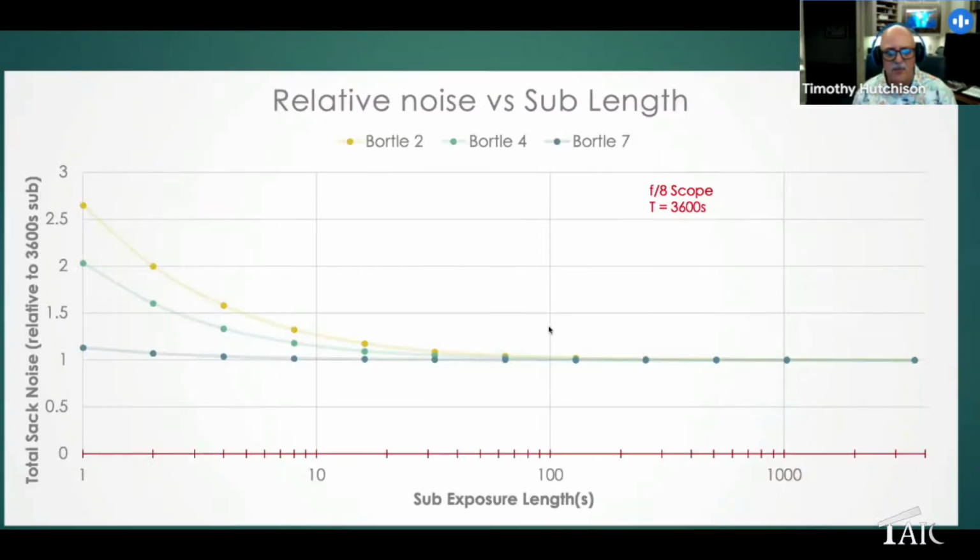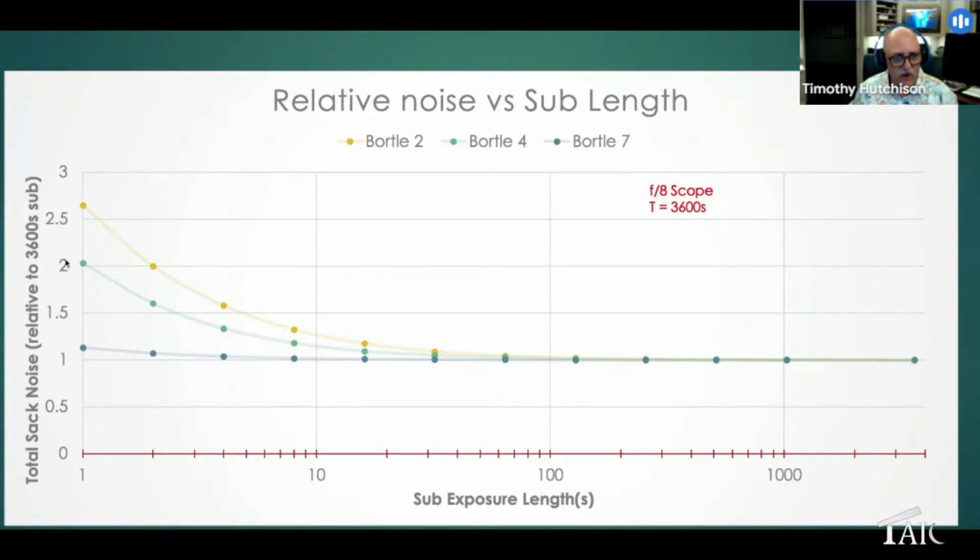Now let's look at it a couple of different ways. Let's look at the relative noise. So we're going to compare this to our total noise at the end based on sky brightness, right? Notice that our Bortle 7 guy that's shooting in the city pretty much doesn't get any better after 8 seconds than he does going all the way out to 3,600 seconds.